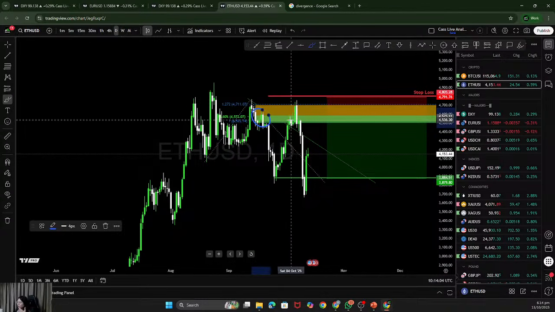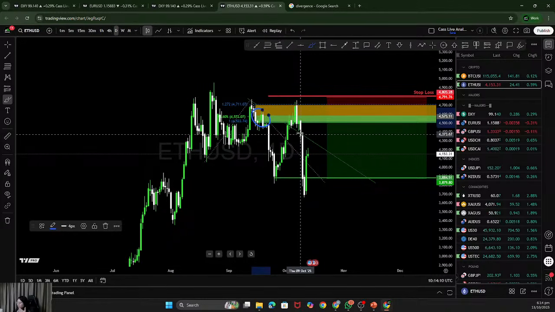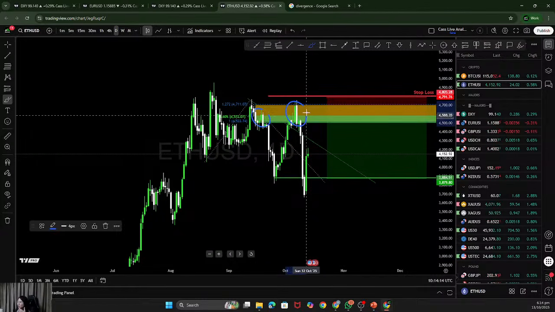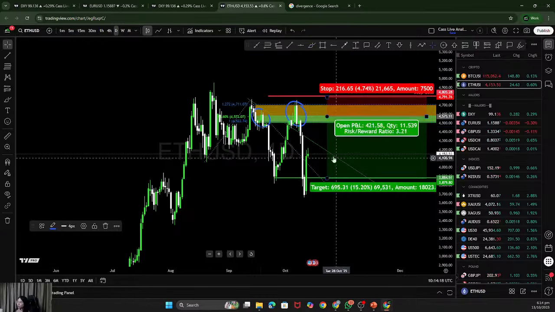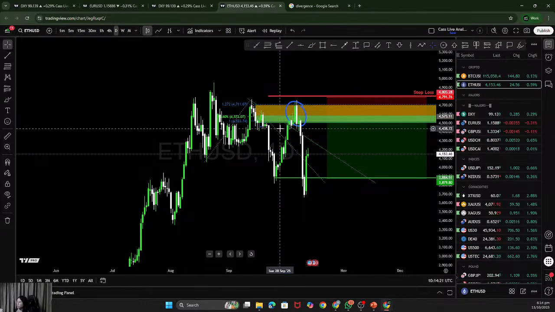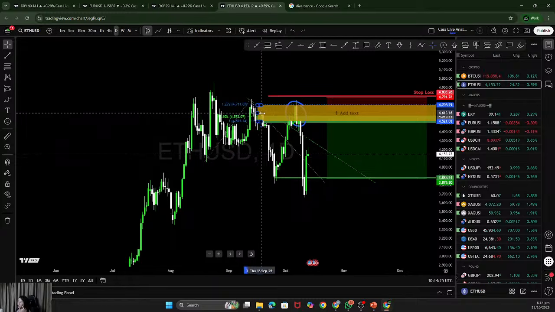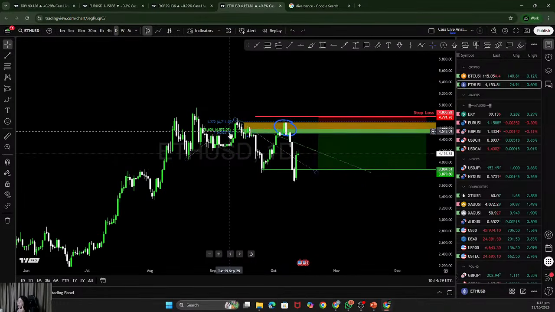Wait, sorry, that's not when I called it. I called it when price was here. And then my analysis was showing that price is just going to reverse right at this point, where this green box is, because there's a lot of Fibonacci levels there.